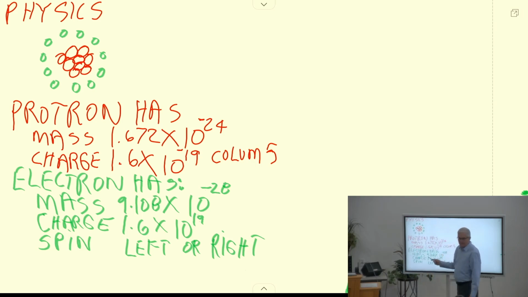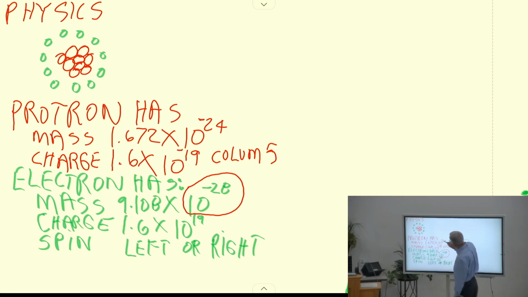Now, an electron also has mass, and its mass is 9.108 times 10 to the minus 28th. Now, notice how much lighter an electron is compared to a proton. It's right here: 9.1 times 10 to the minus 28 is the mass of the electron.